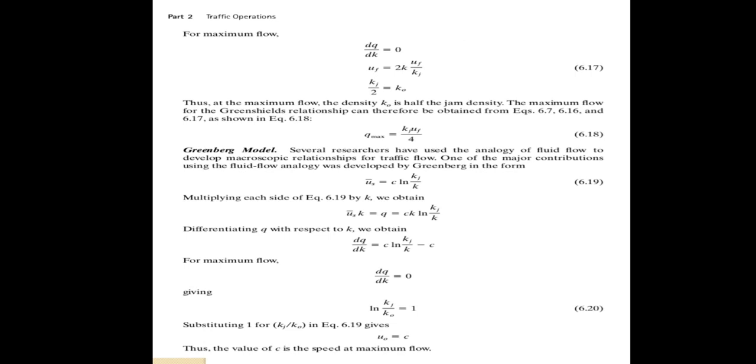For maximum flow, dq over dk equals 0, giving ln of Q sub i over Q sub o equals 1.